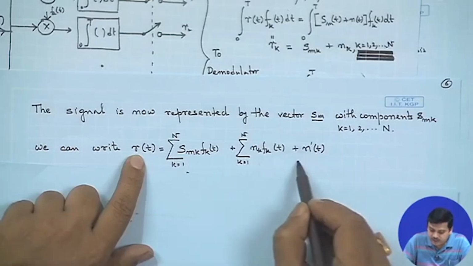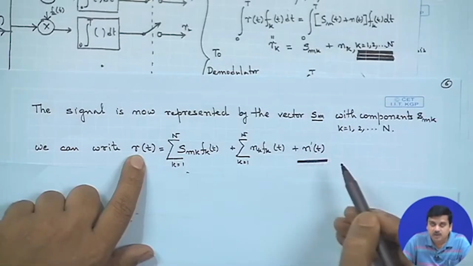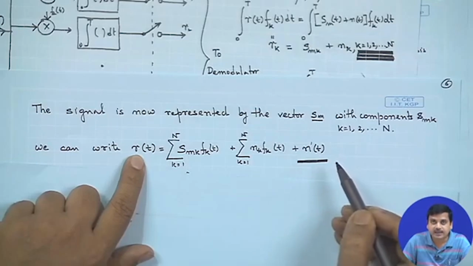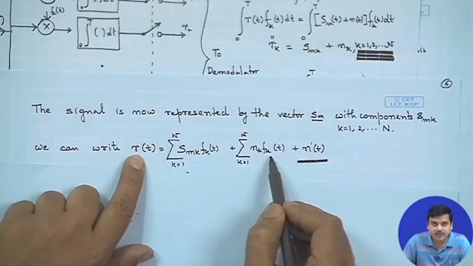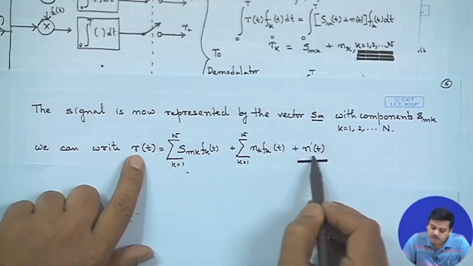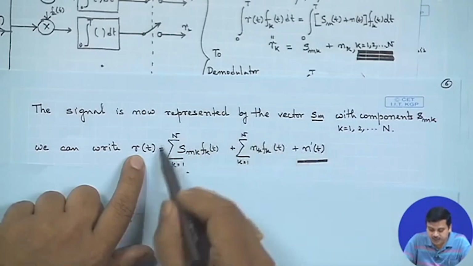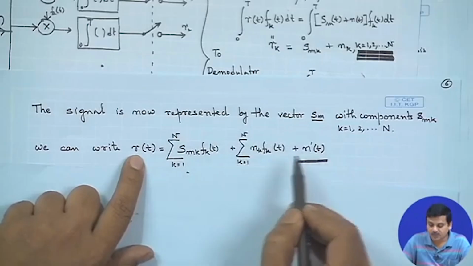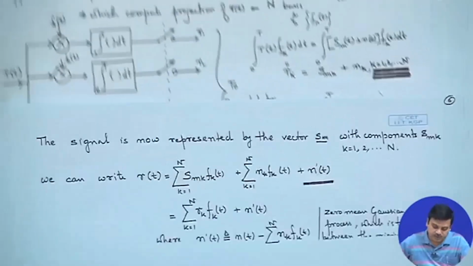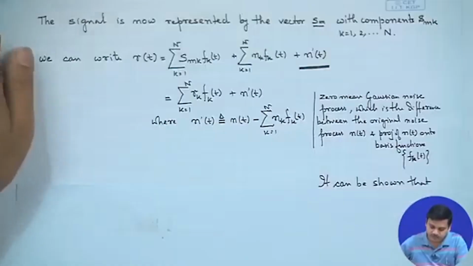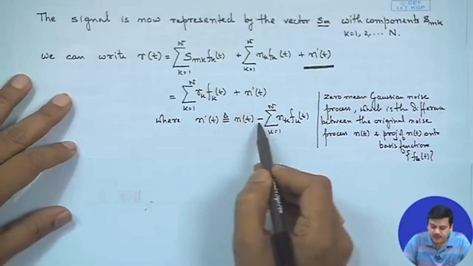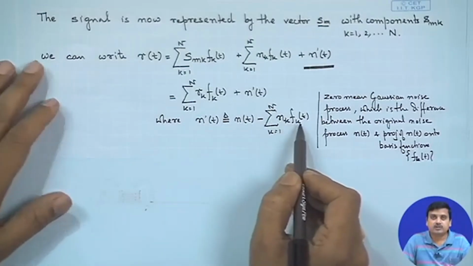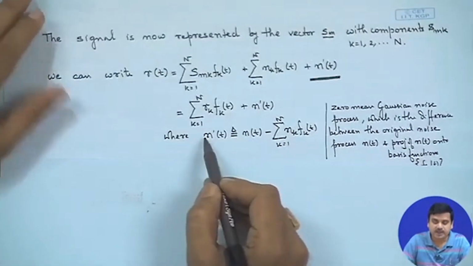However, we have a very important thing over here. Initially we said that n t is white Gaussian noise. Now, since f k is limited, it does not span the noise space. So, there must be some amount of noise which is left, which is outside the signal space, that is n prime of t. So, whatever is n t, take away the projection of noise on the signal space, and the remaining portion is n prime of t.